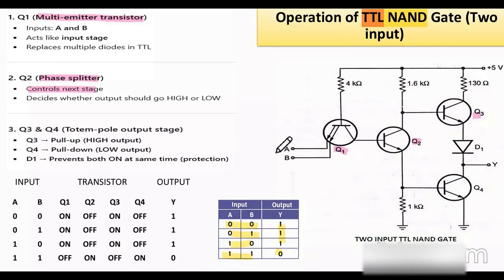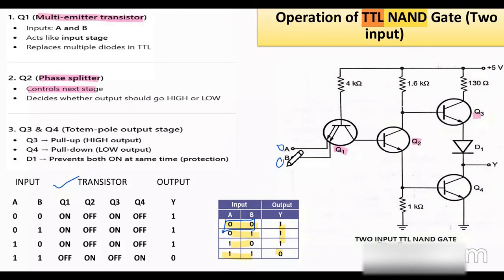What is the first input, student? That is 0 and 0. मतलब A and B के लिए मैं क्या दे रहा हूँ यहाँ पे? 0 and 0. So this table is also extremely important for writing the explanation of this working. 0 0 देने के बाद what will happen?